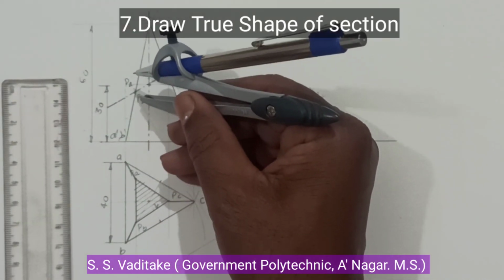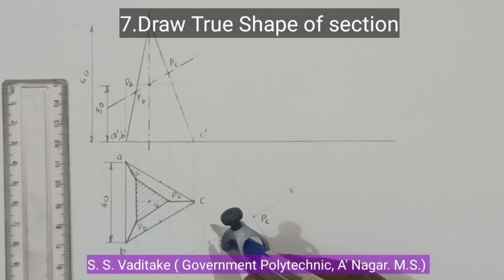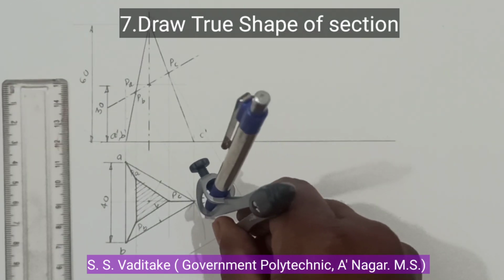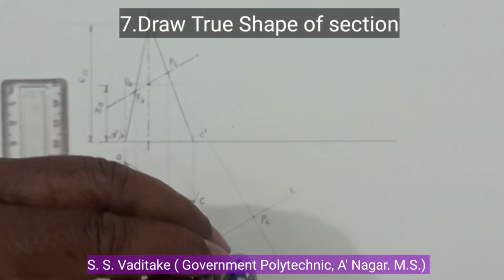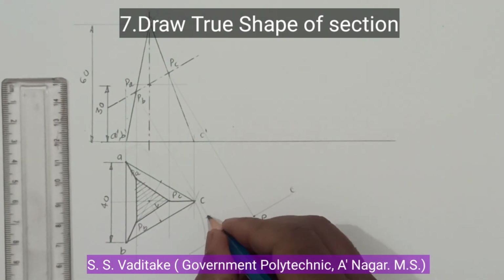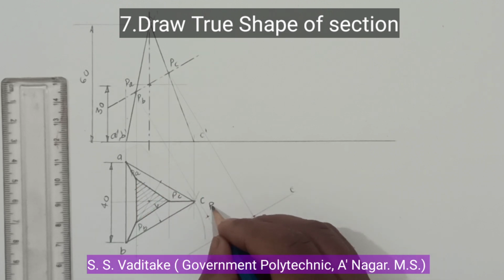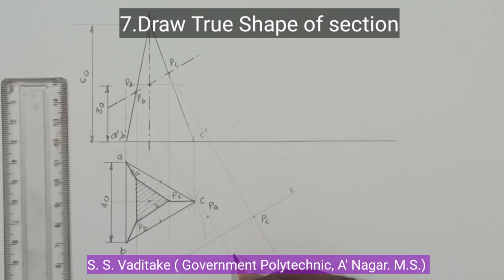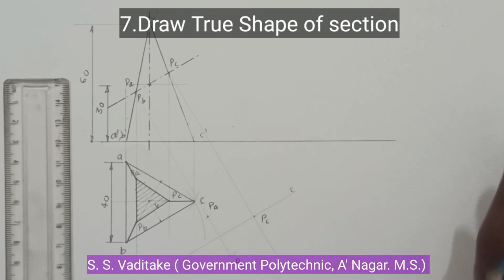Now this is on the projection line passing through these cutting points A and B. So we can mark it here. This will indicate point A, and this will indicate point B. Thus, for the true shape, we have got three points: point A, point B, and point C.